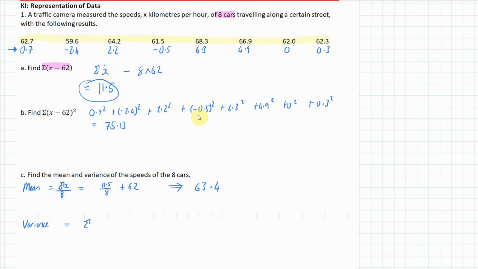That will be the sum of (x minus 62) squared divided by n, which is 8, minus the coded mean squared. When I put this into my calculator, I'm getting 7.32. And so that's our representation of data question.